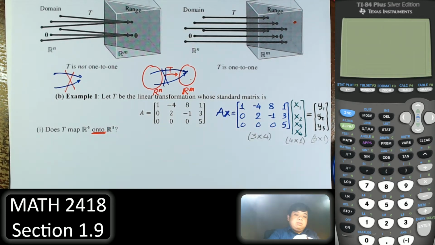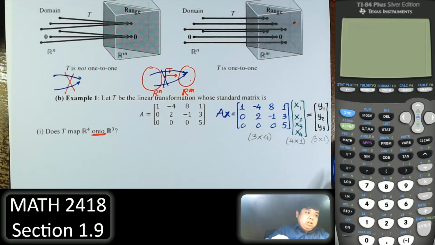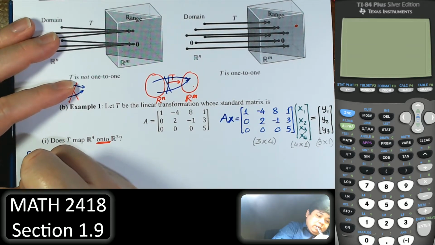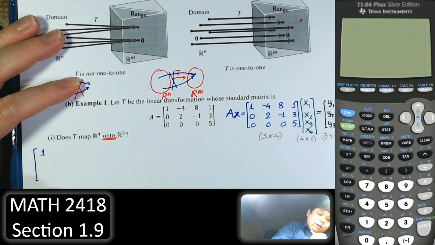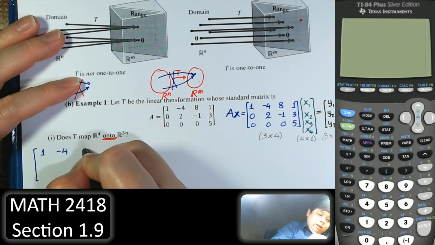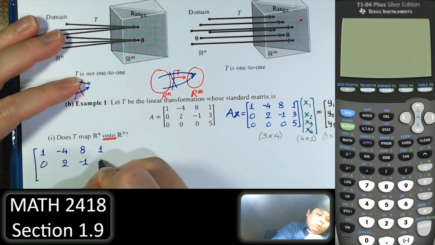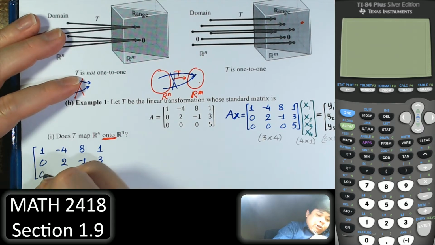So for that system, we're going to put in the matrix as follows. The augmented matrix will be 1, -4, 8, 1, 0, 2, -1, and 3, 0, 0, 0, 5.